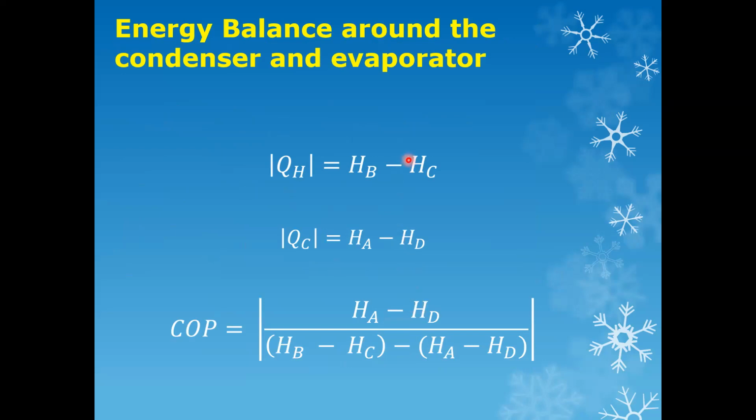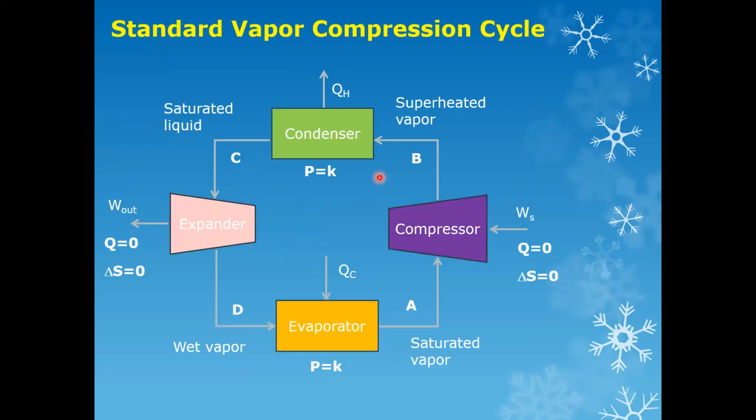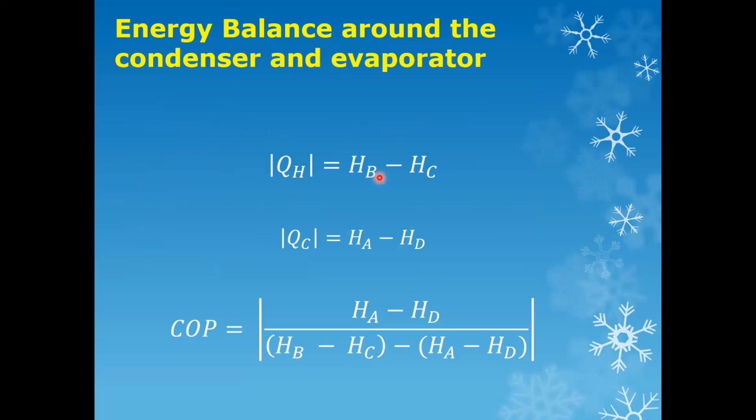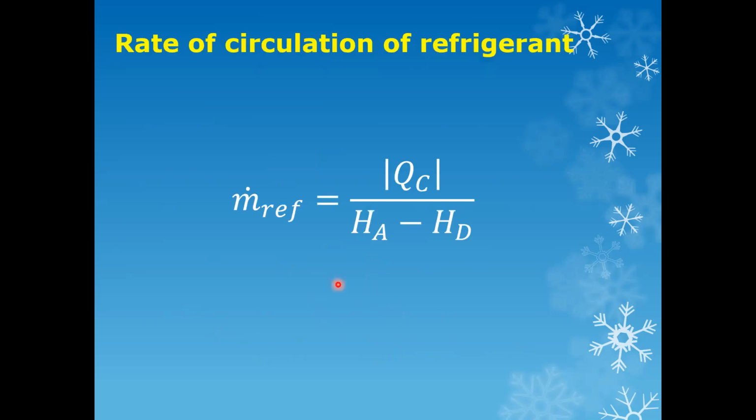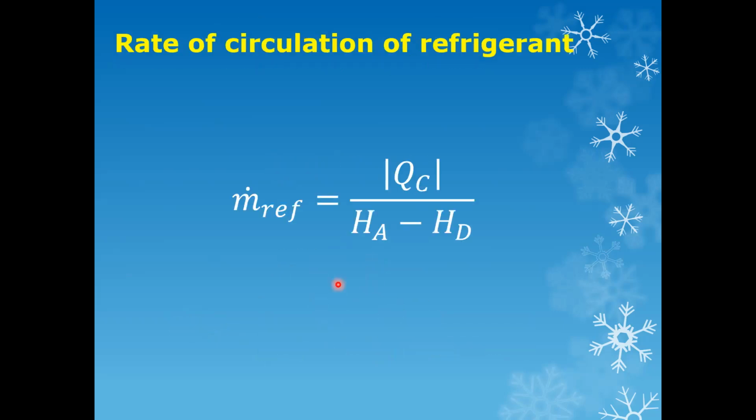in the equation. Just a minute. HB minus HC. Anyway, because of the absolute sign, just replace it in the equation and you will get the equation for the COP.